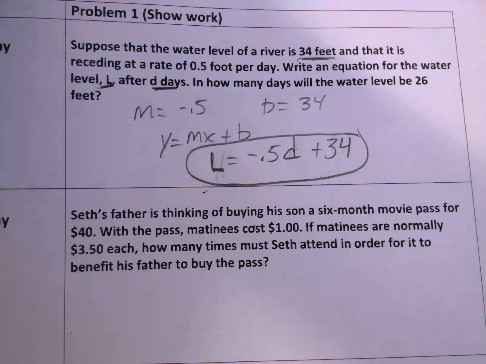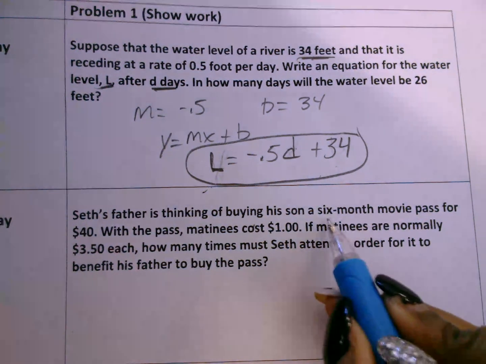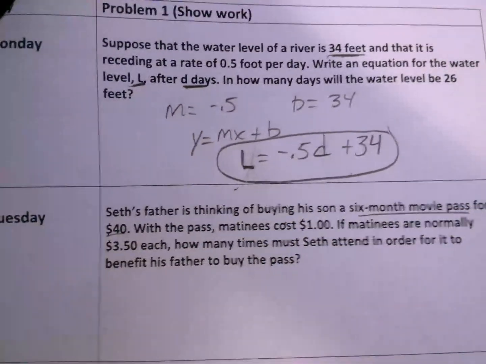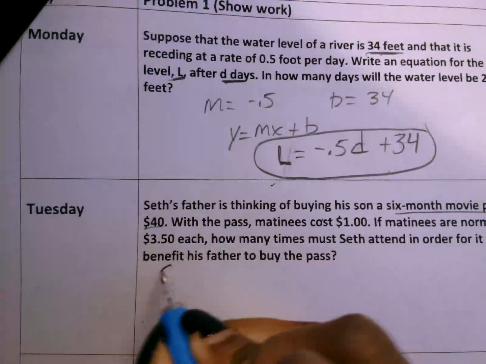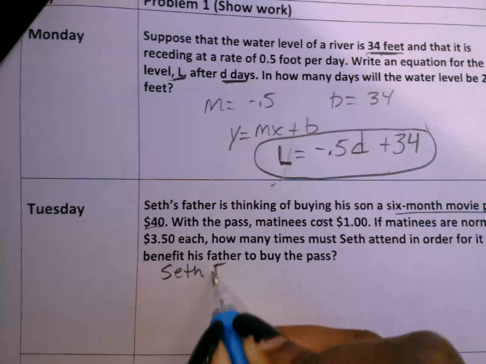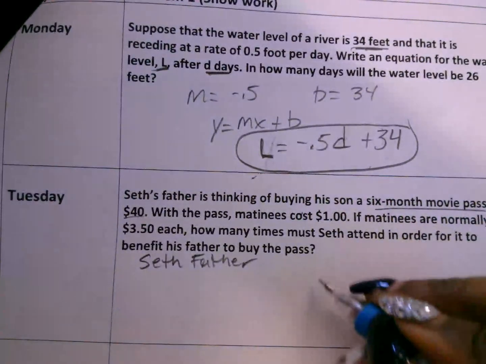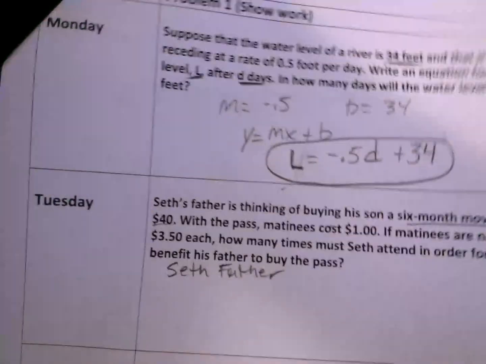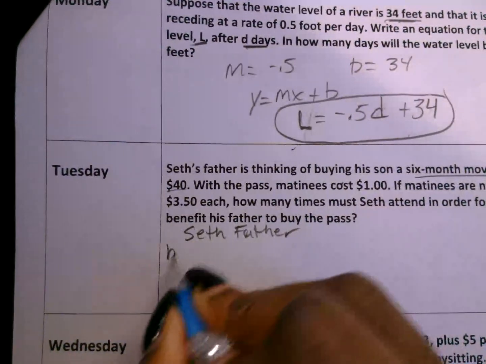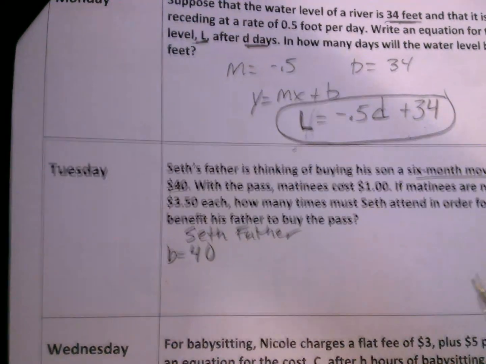Okay, so now let's look at the second problem. It says Seth is thinking of buying his son a 6-month movie pass for $40. So automatically, we're going to write Seth's father. And then Seth's father automatically pays $40. So the starting amount is 40.